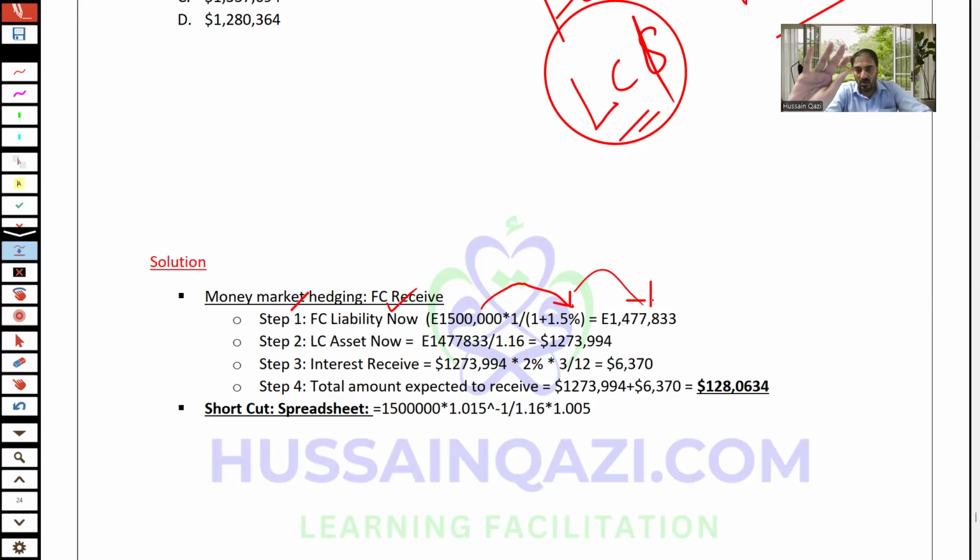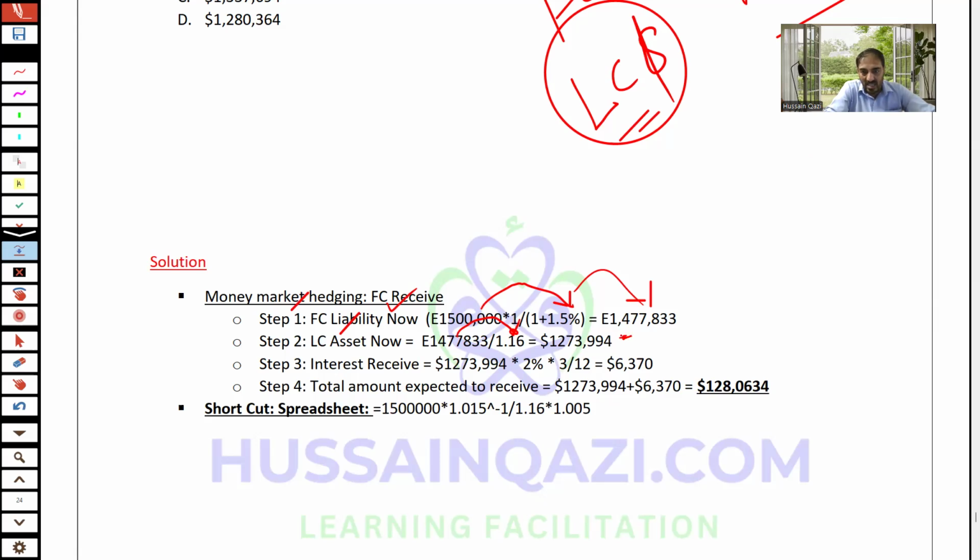That's you have to borrow now euro 1.477833 million. And then once you collect the money as a borrower, you have to invest in the local currency. So convert into the local currency, that's simple. Conversion, divide: euro 1,477,833 divided by 1.16 euro per dollar.